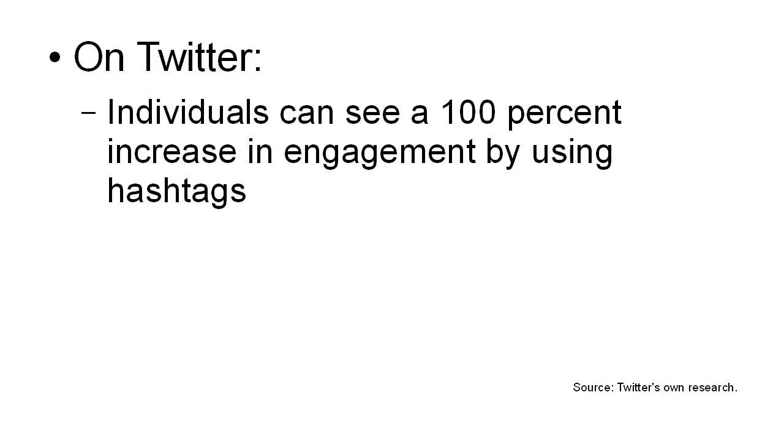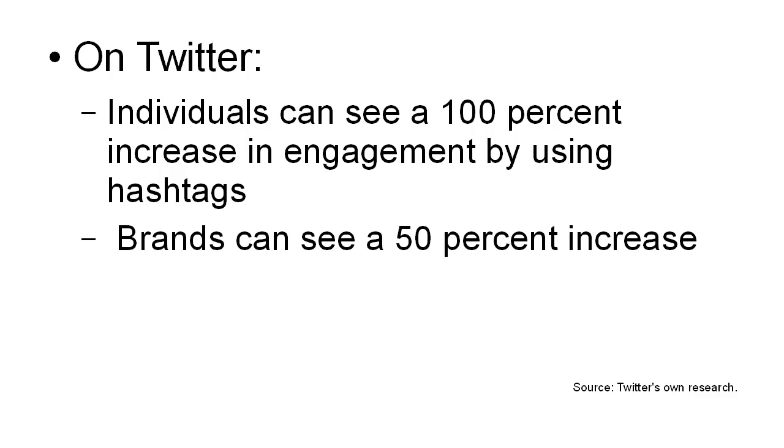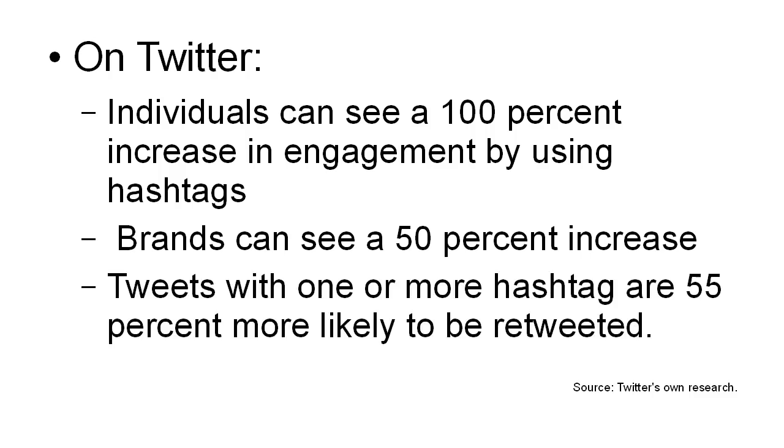Now, on Twitter, individuals can see a 100% increase in engagement by using hashtags. Brands can see a 50% increase. And tweets with one or more hashtags are 55% more likely to be retweeted. And this is according to Twitter's own research.